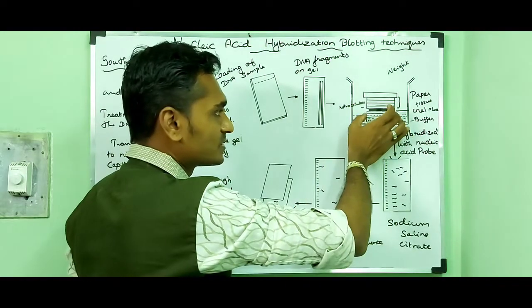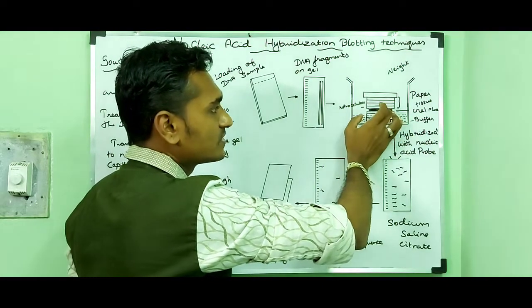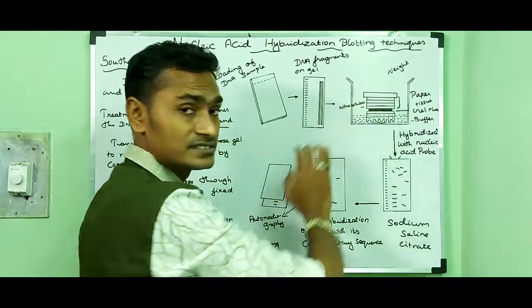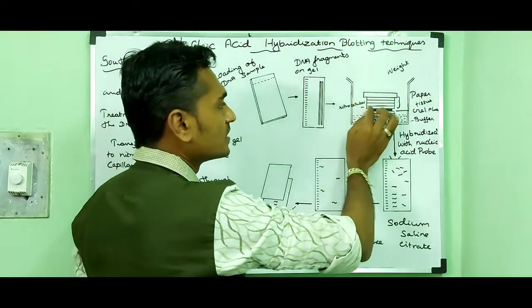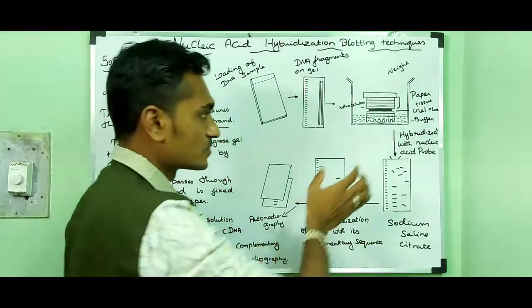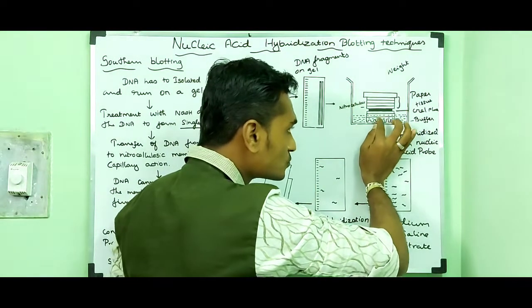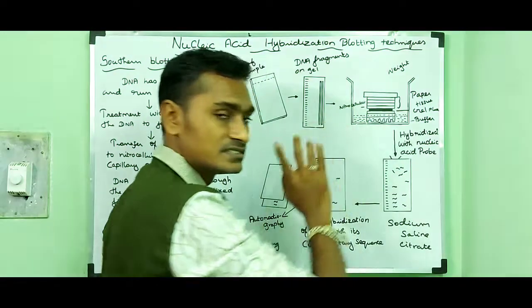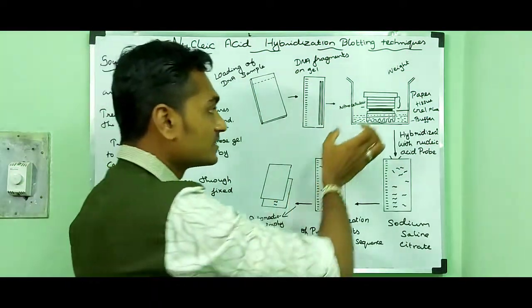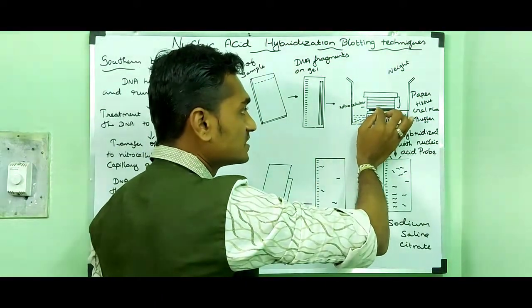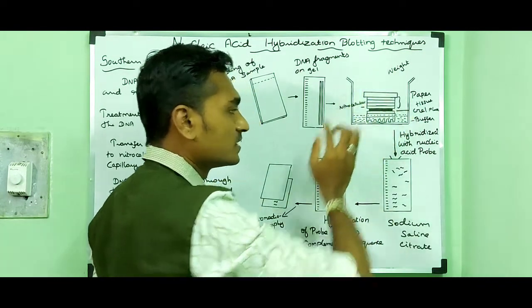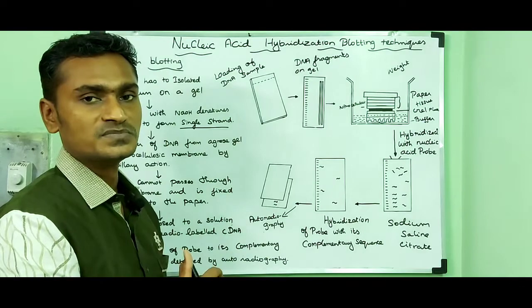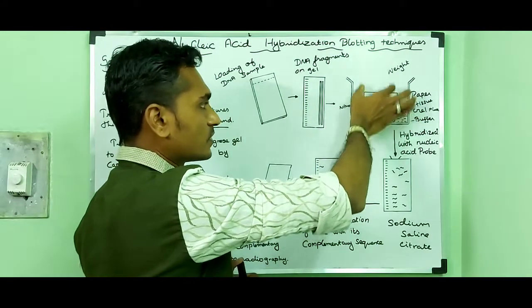So the solution moves towards the gel plate, and it carries the DNA fragments which are present in the gel plate towards the nitrocellulosic membrane, and it reaches the top of the paper.